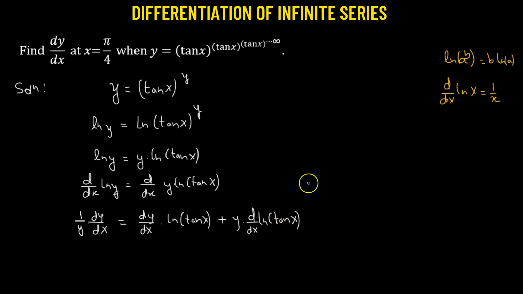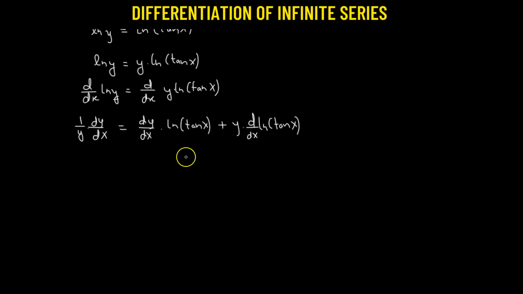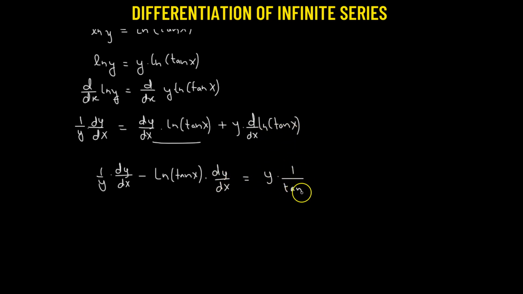So let's further simplify. We will now have 1 over y times dy/dx minus, so we'll transpose this first term from the right hand side to the left hand side, we have log of tangent of x multiplied by the derivative of y with respect to x, equal to y times, so here we have log of tangent of x, and that means we will have 1 over tangent of x.